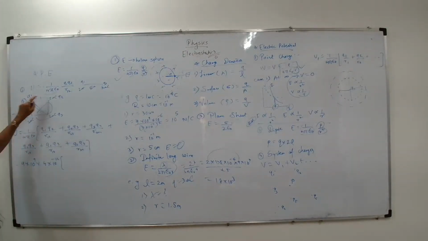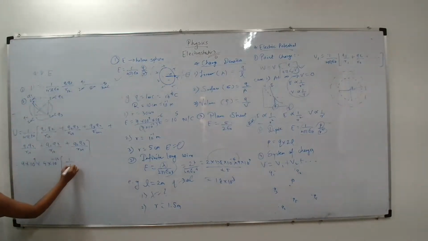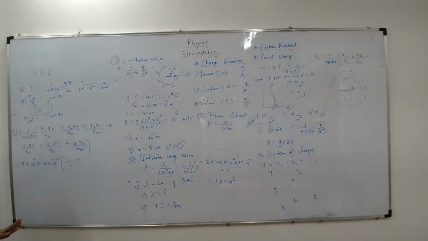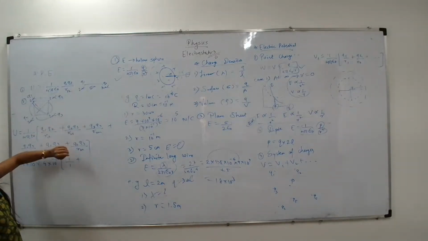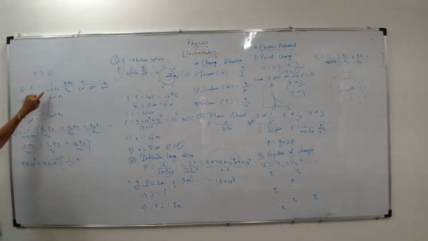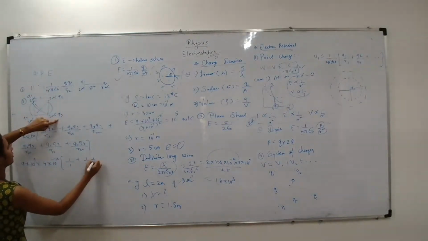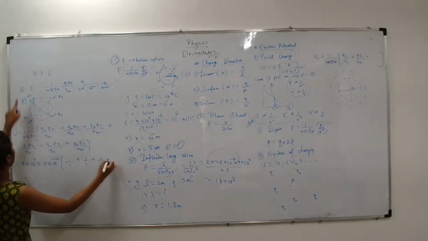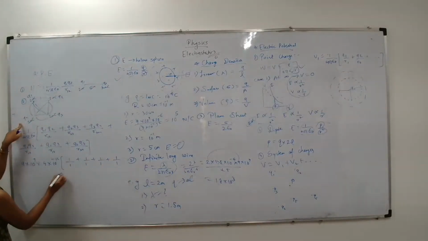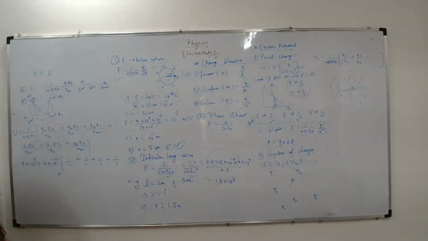Between 1 and 2 the distance is 1 meter. There is no distance square here, it is simply the distance. Between 2 and 3 it is 1, between 3 and 4 it is 1, between 1 and 4 it is also 1. But between these two charges, is the distance 1?